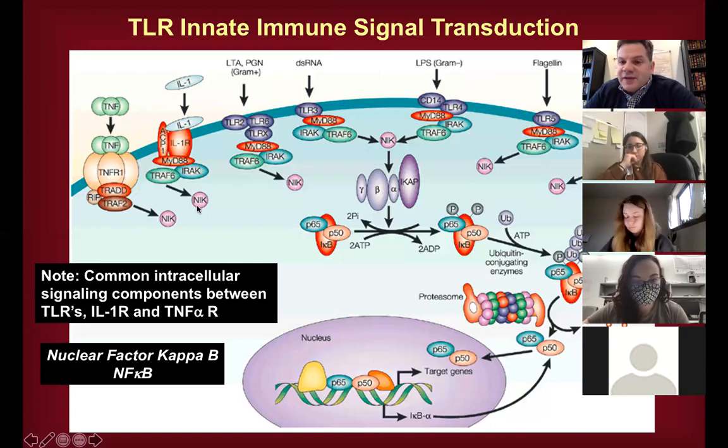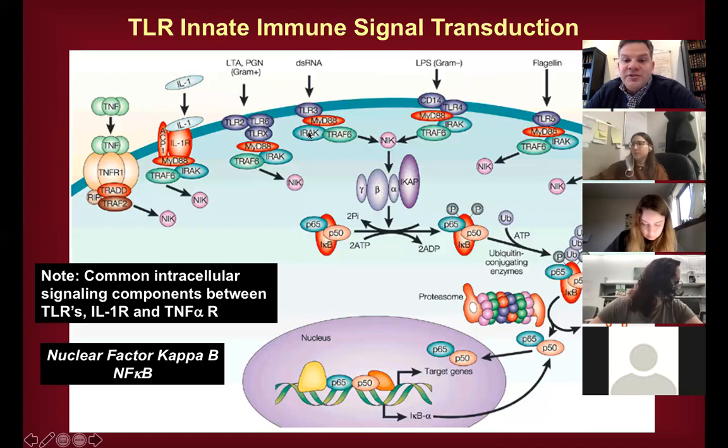This is the NF-kappa B initiating kinase. So they all activate this same kinase. So whether it's a Toll-5 response, a Toll-4 response, an IL-1 response, or even a TNF-alpha response, one of their main signaling mechanisms is NF-kappa B.